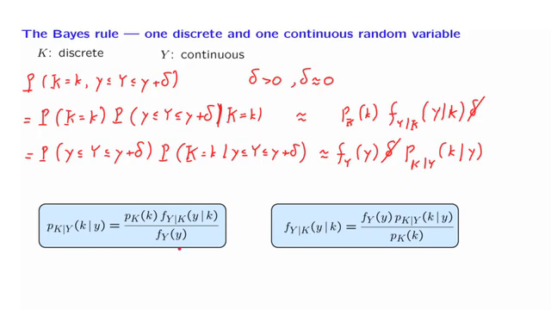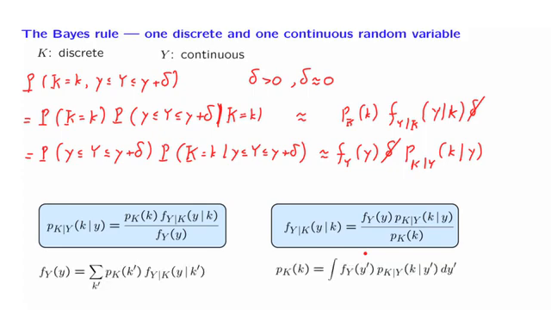In both versions of the Bayes rule, there is also a denominator term which needs to be evaluated. This term gets evaluated similar to the cases that we have considered earlier, and they are determined by using a suitable version of the total probability theorem. This is a version of the total probability theorem that we have already seen.